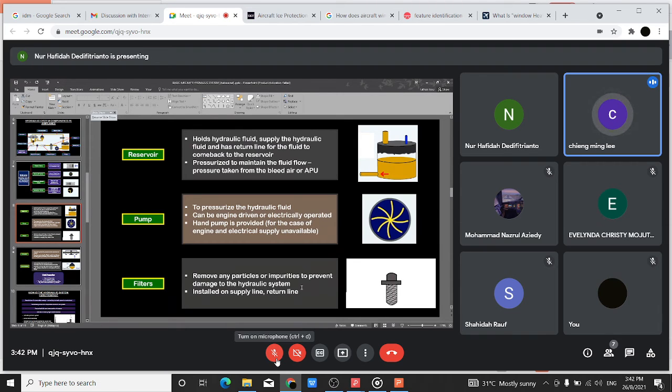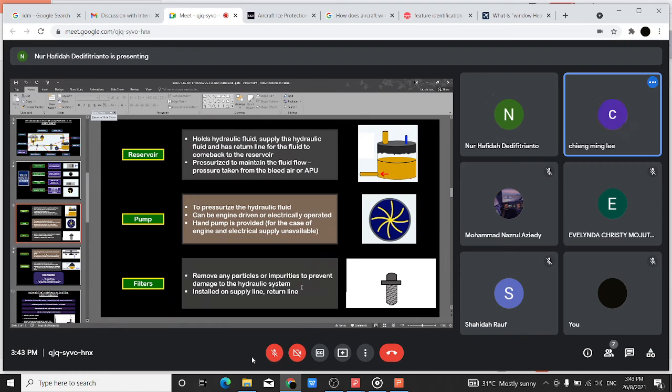Because now we are not talking about the system. We're talking about the design, and if you want a better one, what is the design? Like the hydraulic pump, what type of pump? Shahida asked, what type of fluid? That is a good question. Is it any normal fluid like water?